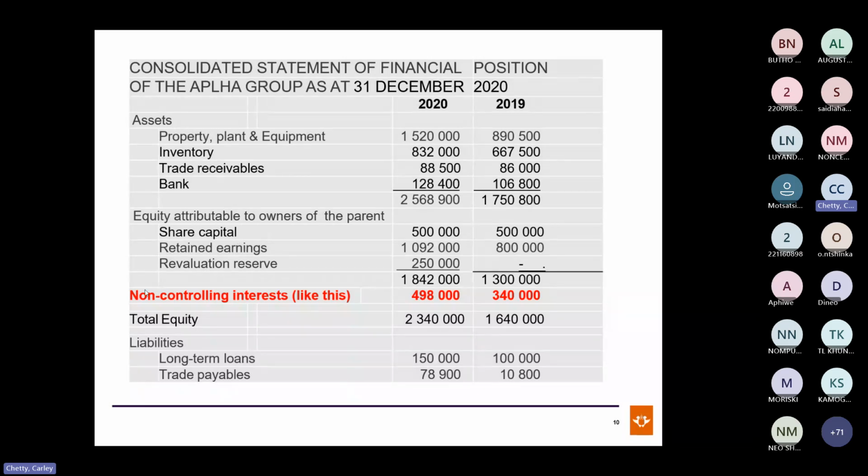And then the non-controlling interest is going to be shown as a line item in the statement of financial position. Okay, so in our consolidated group statements, we are going to have non-controlling interest. But remember, the non-controlling interest will not be shown in the separate financial statements of the parent and the subsidiary. It will only be shown in the consolidated financial statements.